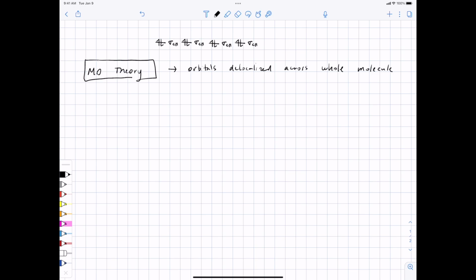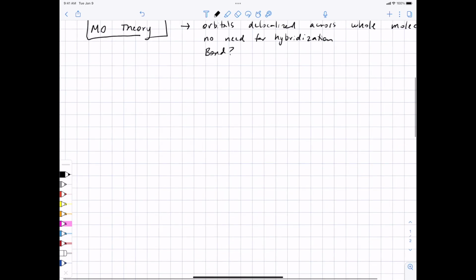But you don't need any hybridization. You also actually don't need any concepts like resonance. And you basically let go of the concept of a bond being two electrons. So where is the bond? And you say, yes, it's two electrons delocalized through the whole molecule. Let me show you what I mean by this.